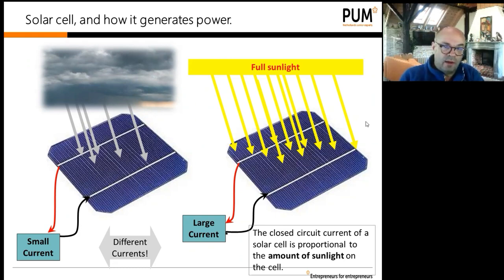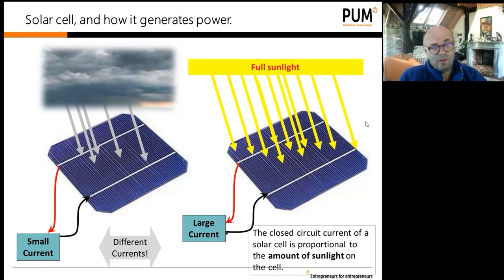So the solar cell is making a large current if there's full sunlight. But very important, if you place a solar system, it must be in full sunlight, not under a tree or on the wrong side of your roof or whatever.